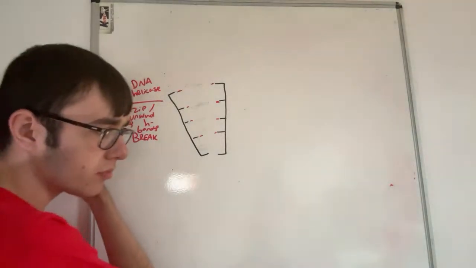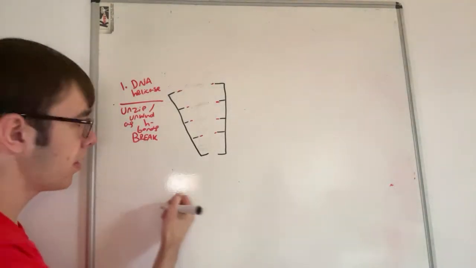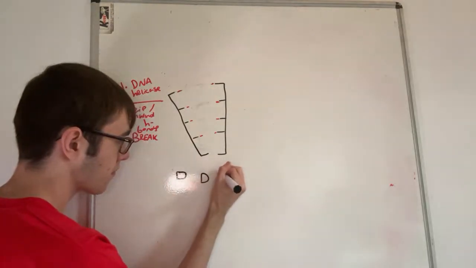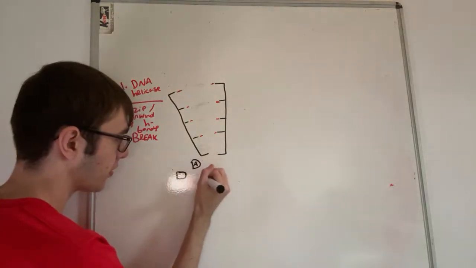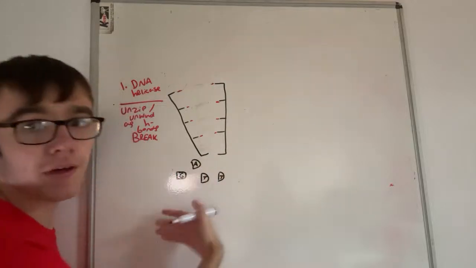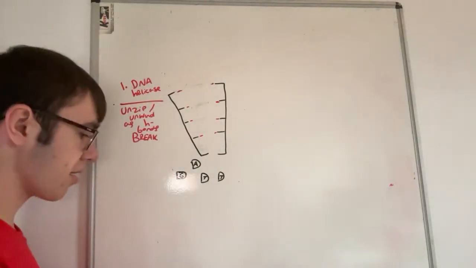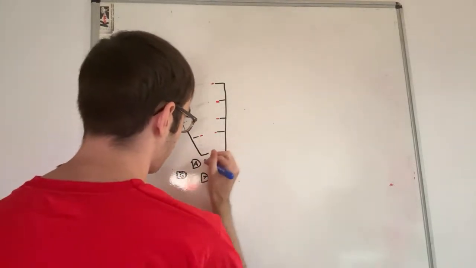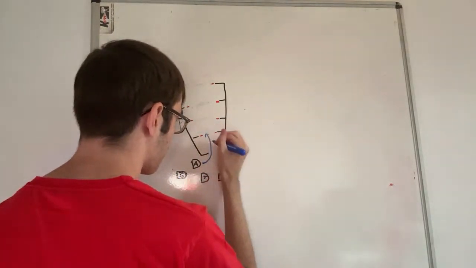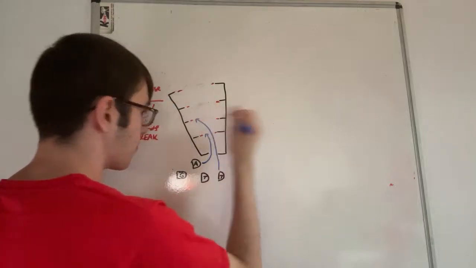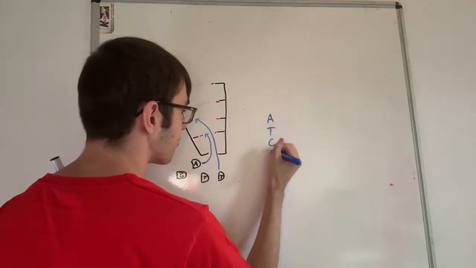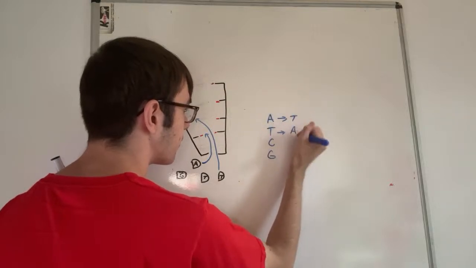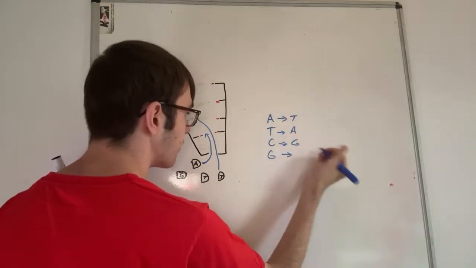Next, I am 90% sure that we have our free-floating bases, which I'm just going to draw with little things like that. Free-floating bases will bind to their complementary base. So A, T, C, G, that would be T, thymine, adenine. You get the idea.